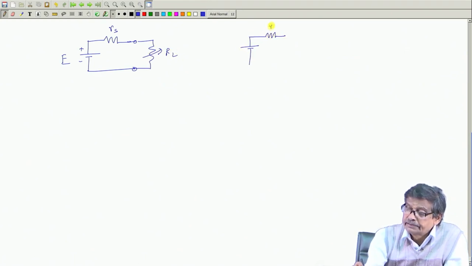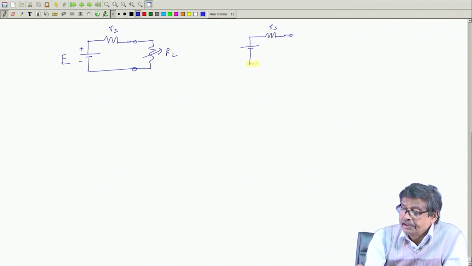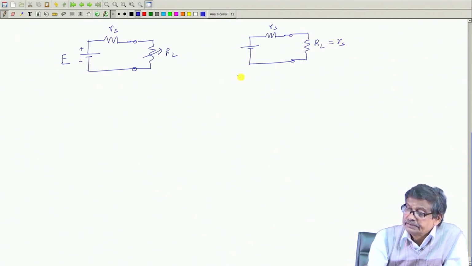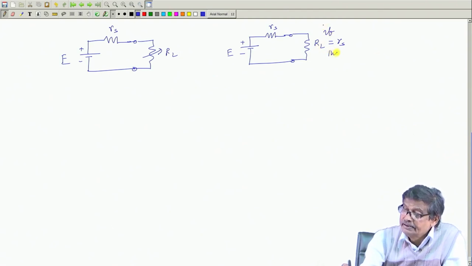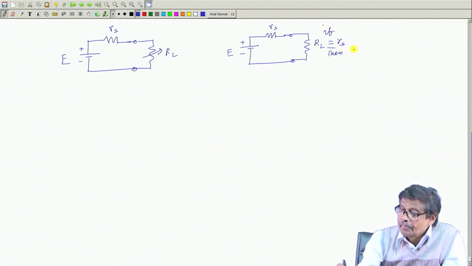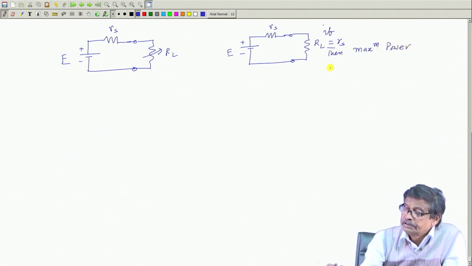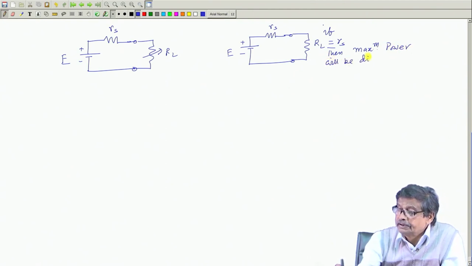This is R_S, and if you connect a resistance here whose value is R_S, if R_L equal to R_S, then maximum power in R_L will take place. Maximum power will be dissipated in R_L.